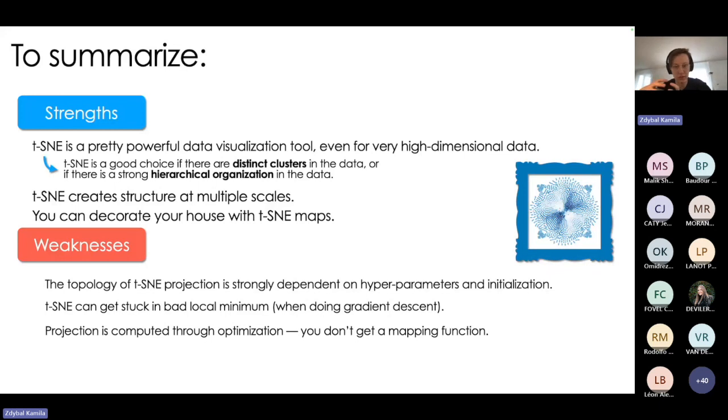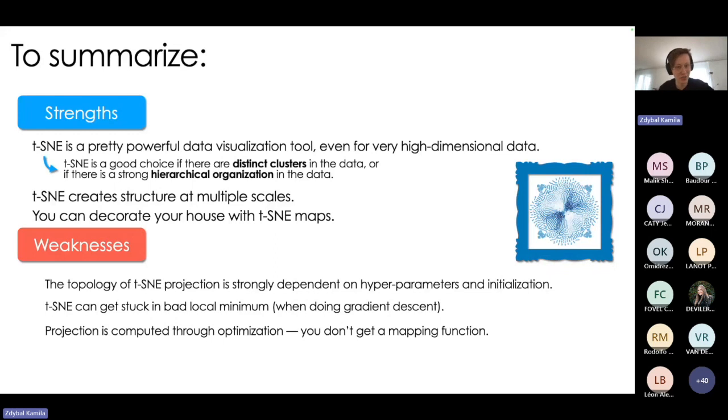So if you do PCA on a data set, you have your eigenvectors, and then you can project any new sample onto the same eigenvectors and get a projection of samples that you haven't used before. But with t-SNE, you can't do that. You just have to give it the whole data set. It runs that optimization on that data set. And as a result, you get a map, you get this embedding, but you don't get a mapping function. So if you have now, let's say, a new patient arriving, and you want to see where that patient would fall on the t-SNE map, then you can't do that.